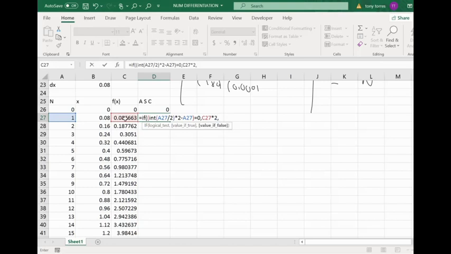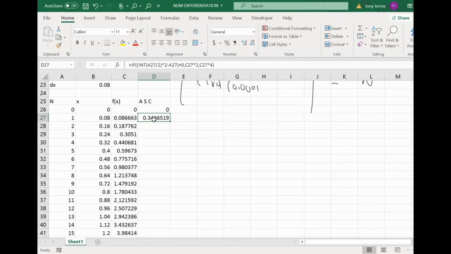Now, if it's false, like right now, it's going to be false, I take this number and multiply that by 4. Now, close the parenthesis, I think that I have the required parentheses. That will do. Let's see.